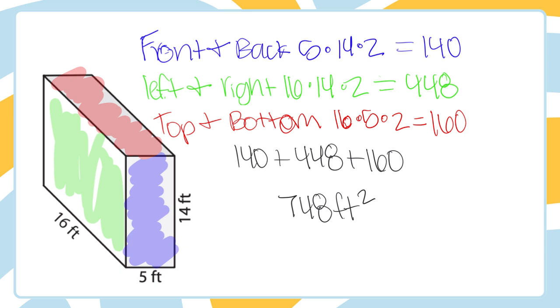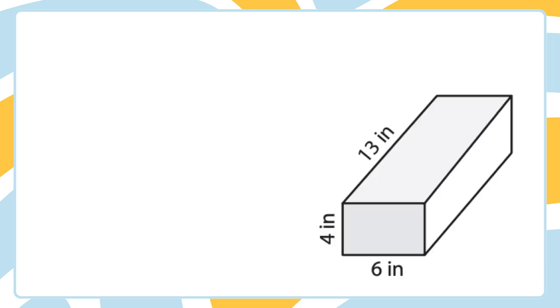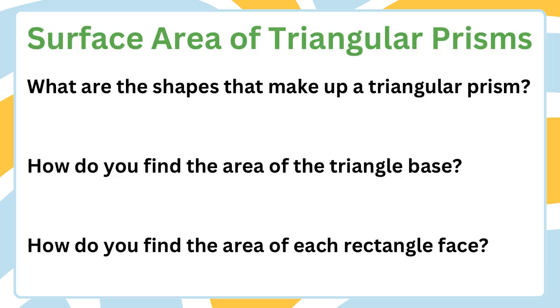Are we good with the rectangles? Okay. Now, we'll do more of these. I want us to jump up and flip over to the triangular prisms. We'll backtrack and we'll pass the iPad around. All right. The other side.